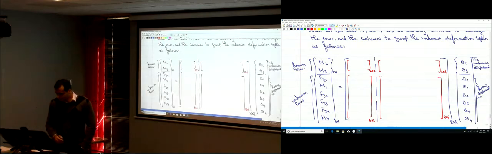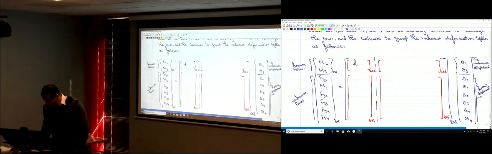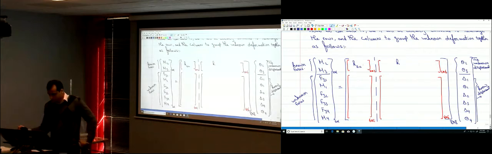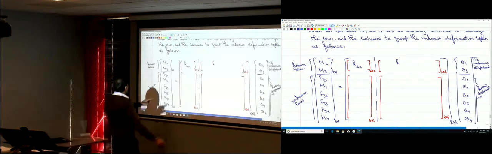So now let's name this K11. Okay? Or, let's, okay, K known, K unknown. It relates the known forces to the unknown displacement.